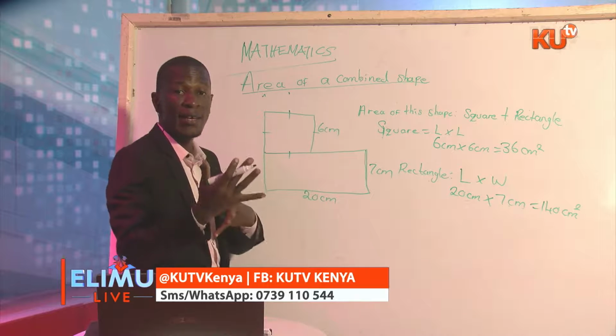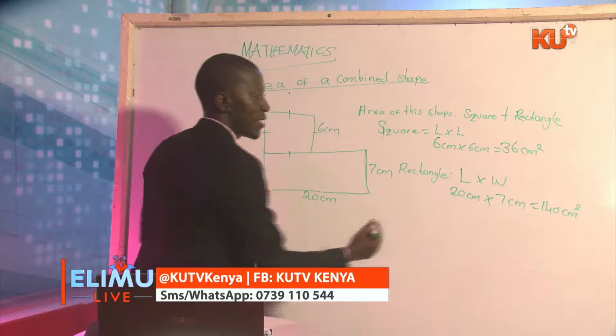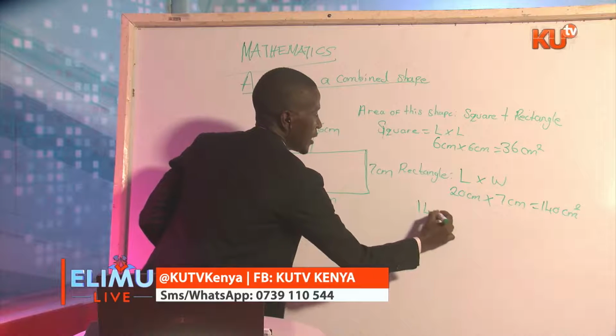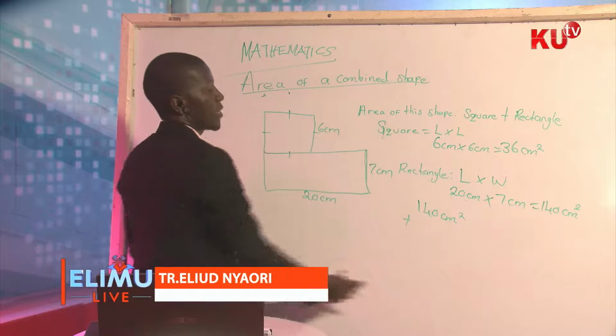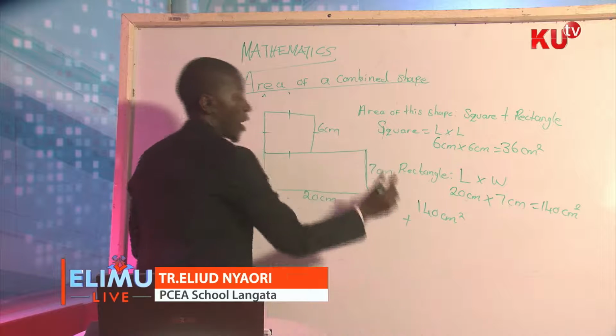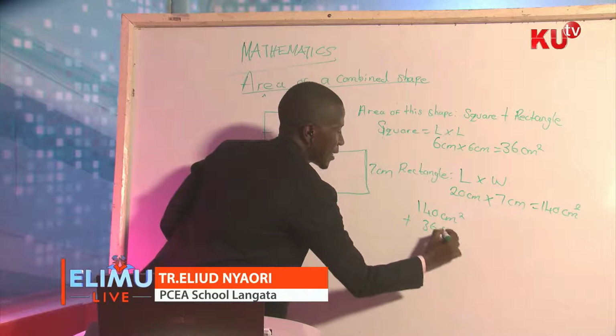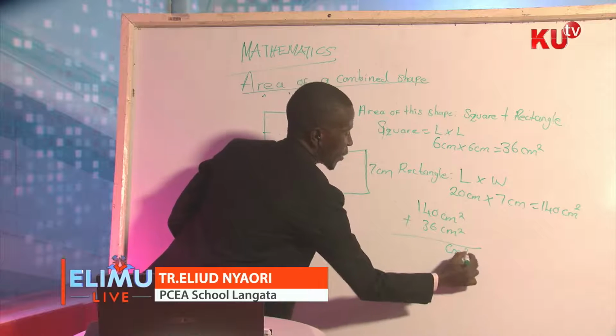Remember, when you are adding, start with a bigger number followed by smaller number. So I'll start with 140 centimeters squared, which is the area of the rectangle, plus the area of the square, which is 36 centimeters squared. So the units here remain to be centimeters squared.